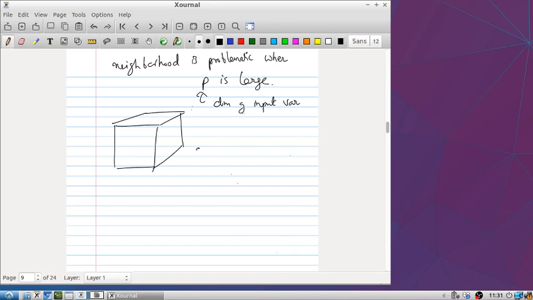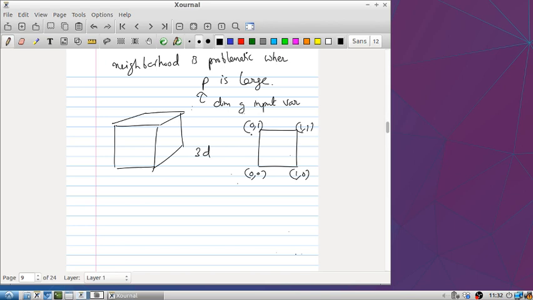So this is in 3 dimensions. Similarly, you can have a unit cube in 2 dimensions. It's going to be a square like this, right? Unit cube just means 0, 0, 1, 1, and then 1, 0 here, and 0, 1, right?